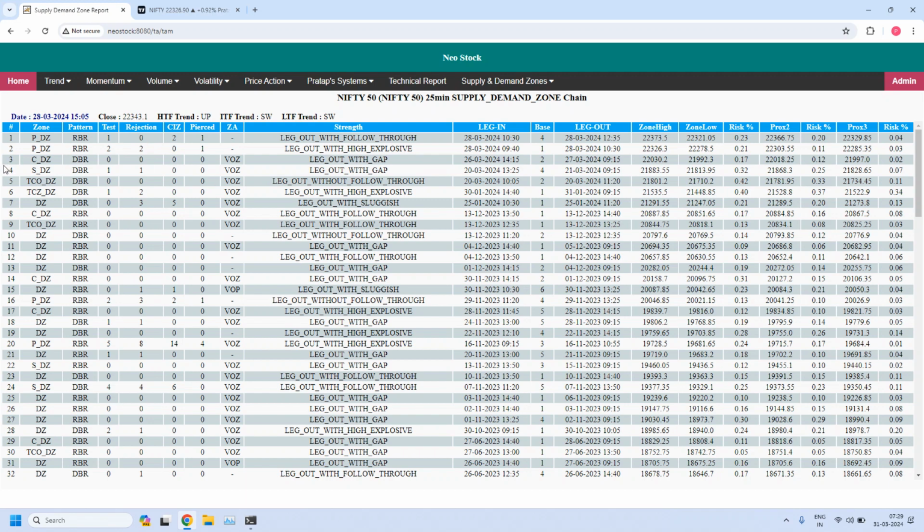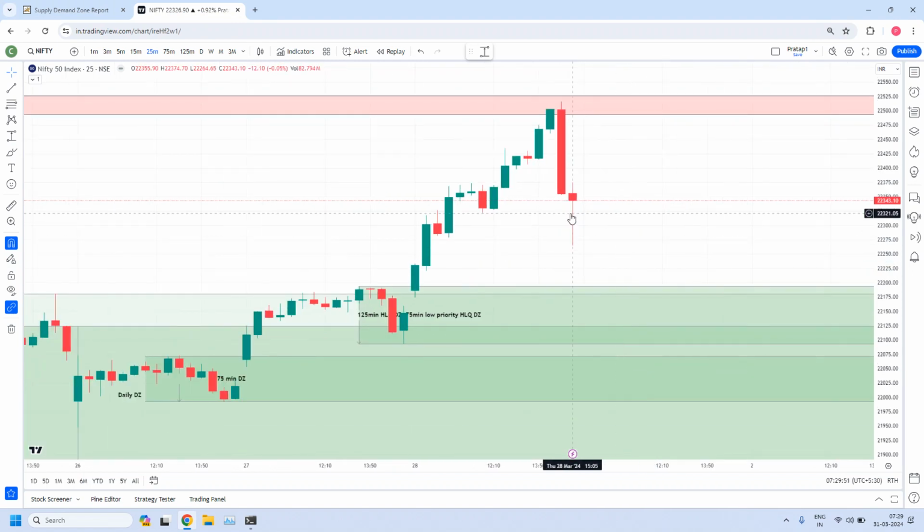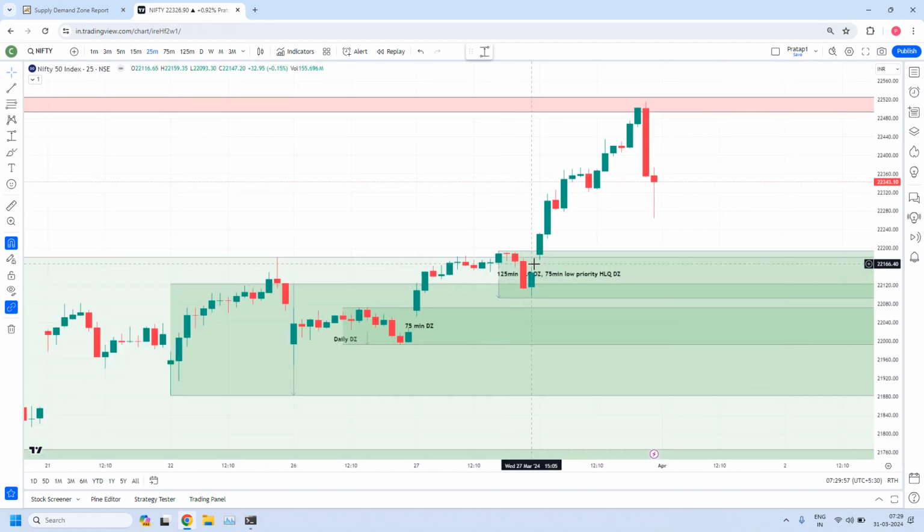So what is the high liquidity zone here? The third one is the high liquidity zone. So on 26/3, 14:15, 2 base candles.